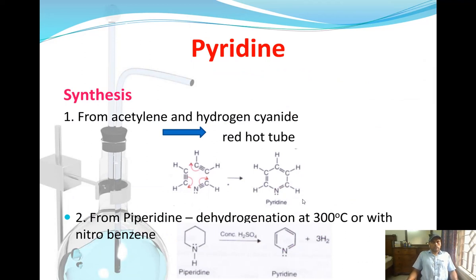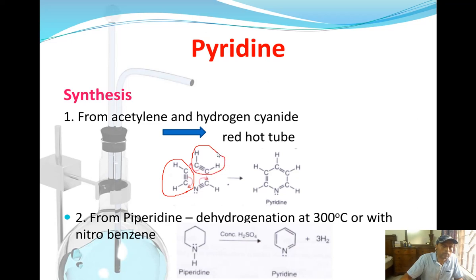Alright, let's go to the synthesis. The first method of synthesis is from acetylene and hydrogen cyanide. As you can see here, this is one acetylene, and this is another acetylene with the three bonds.